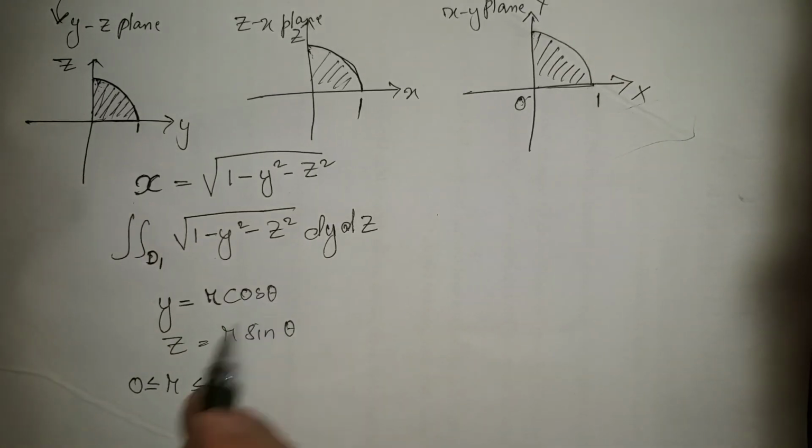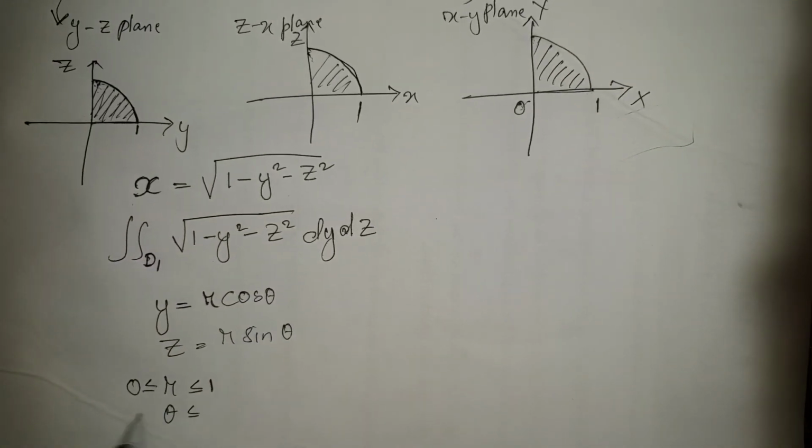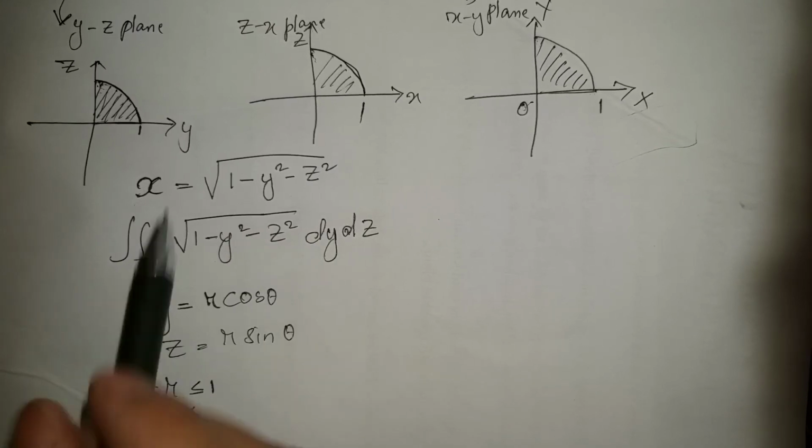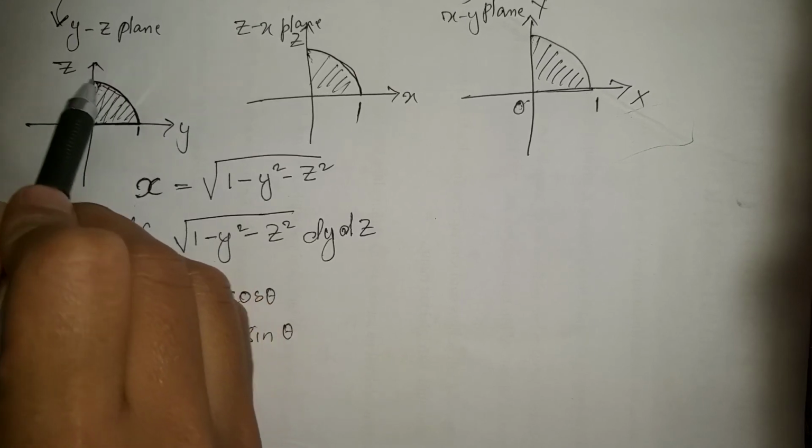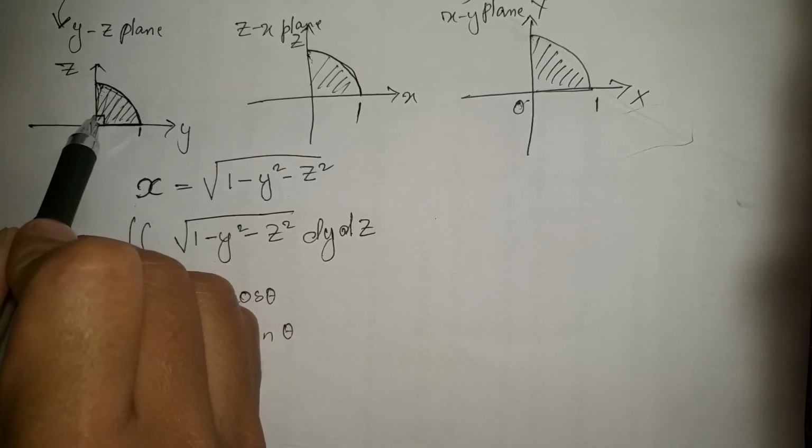And theta, which is the angle, will have to vary from 0 to pi by 2.